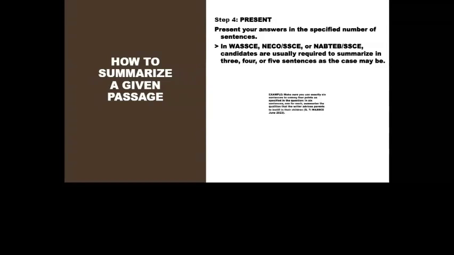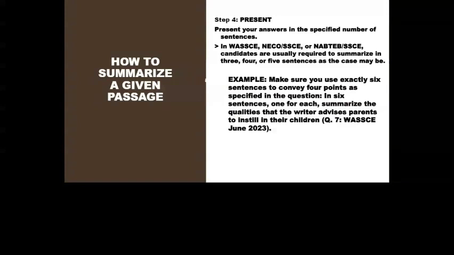All right. So what you need to do is simply to present your answers in the specified number of sentences. For example, you need to make sure you use exactly 6 sentences to convey the 6 points as specified in the question.